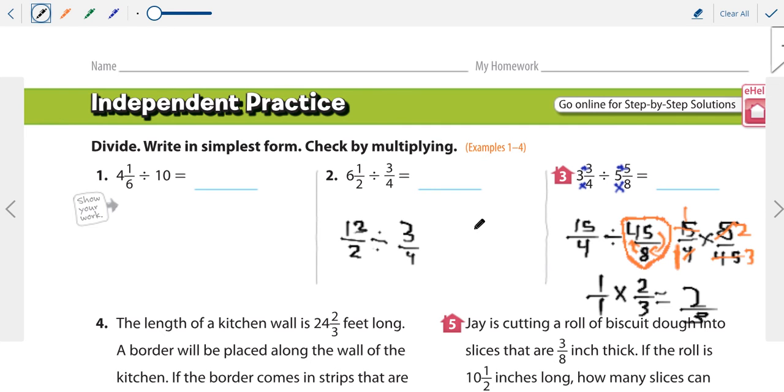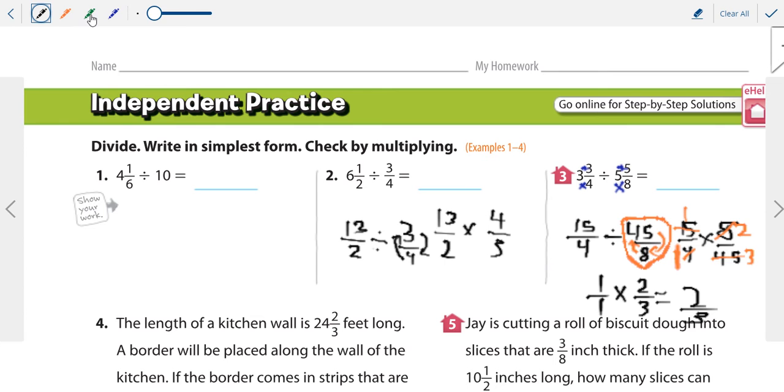Well, I'm going to multiply, right, by the reciprocal of the divisor. Obviously, 3/4 is the divisor. I'm going to multiply, so my dividend will always stay the same. So that's 13 halves, all right, times 4/3.